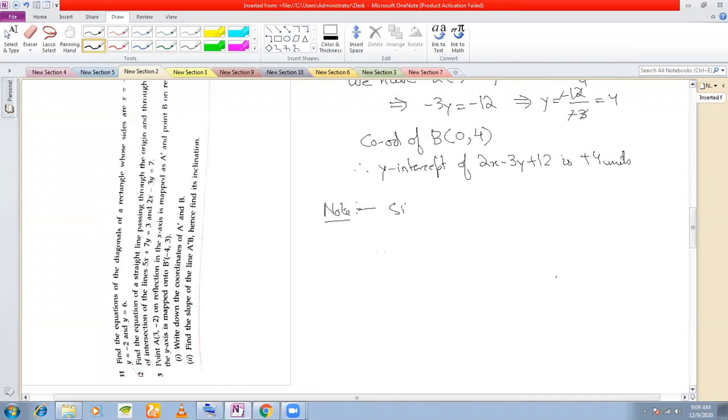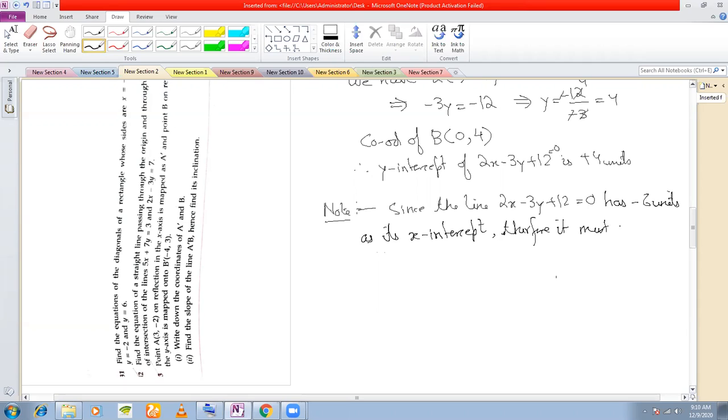So you must note that since the line 2x minus 3y plus 12 equal to 0 has minus 6 units as its x-intercept, therefore it must pass through minus 6, 0.